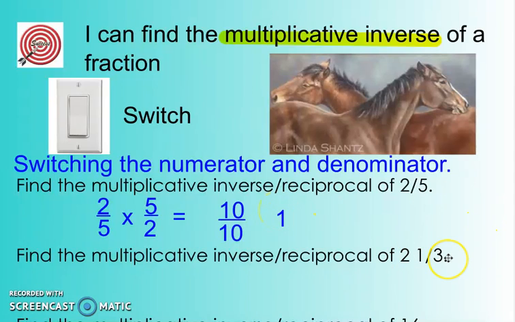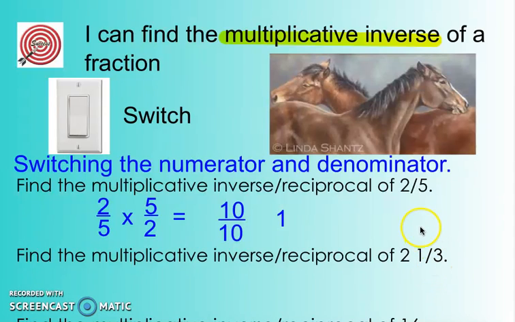Well, let's try a mixed number. What if I have 2 and 1/3? What is the numerator of this fraction? And listen carefully to what I'm asking. What is the numerator of this fraction? First of all, is this a fraction?